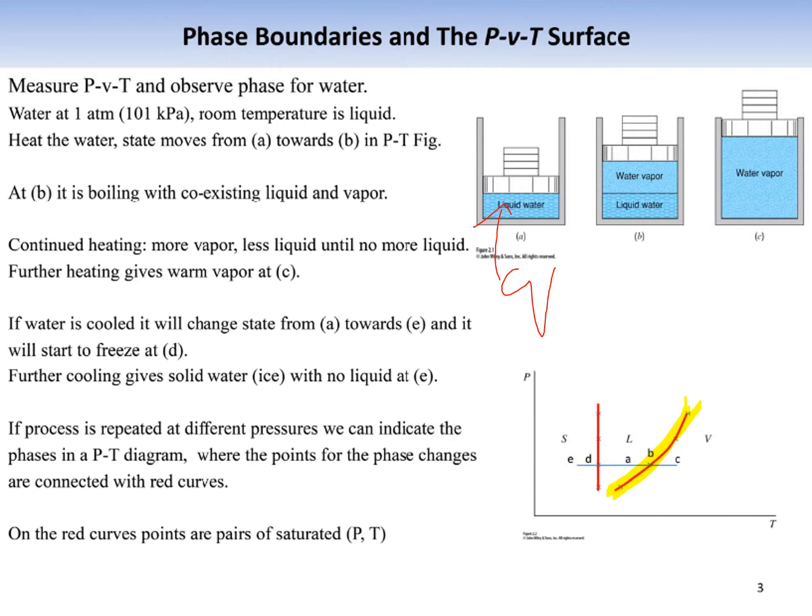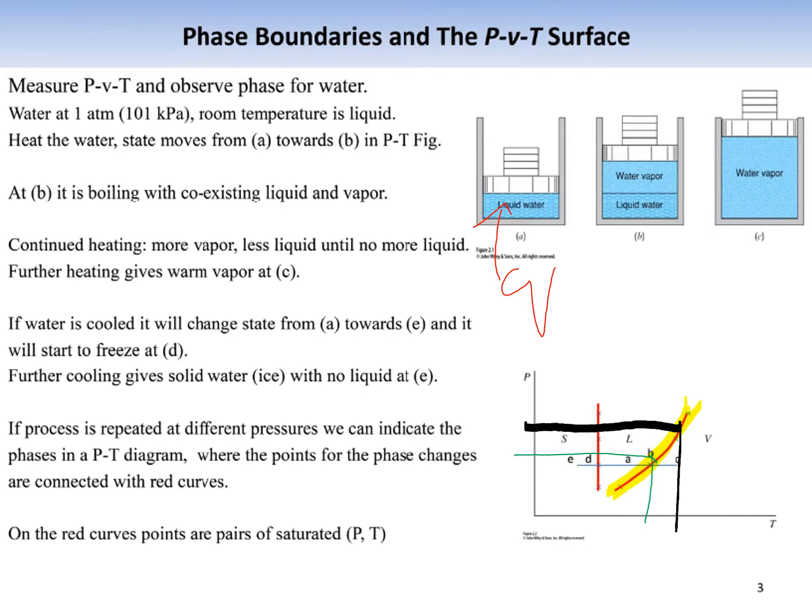That for each and every pressure there is a temperature at which boiling will take place. Similarly, for each and every temperature there will be a certain pressure at which boiling will take place.